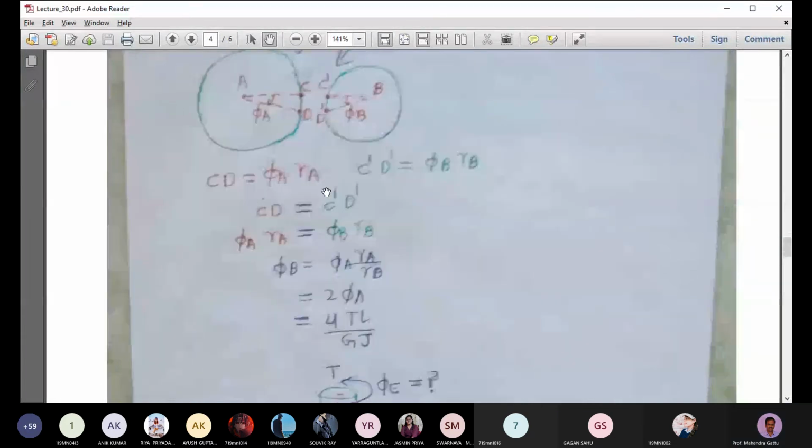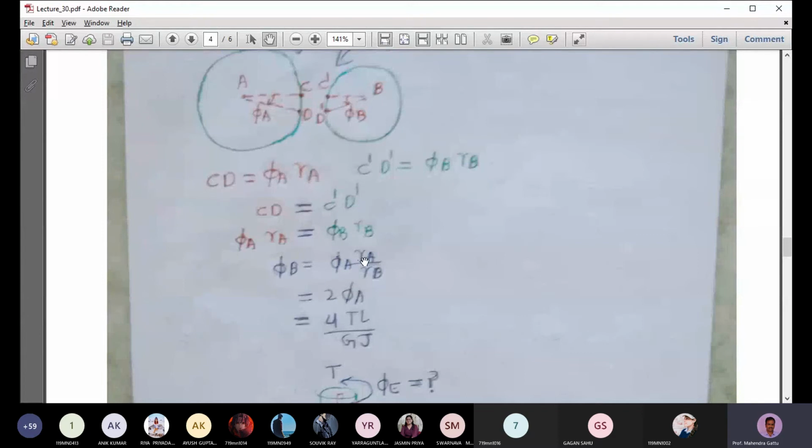So phi A RA will be equal to phi B RB, and from this we can get the twist produced in gear B. So the twist produced in gear B will be phi A RA by RB. Because these gears are always in contact, this condition is valid. If there is a slip happening, it will not be valid. Because they're in perfect contact, we have the relation phi A RA is phi B RB, and RA by RB is 2.